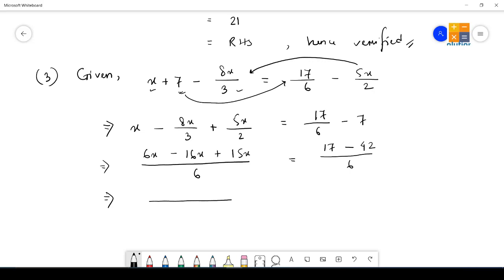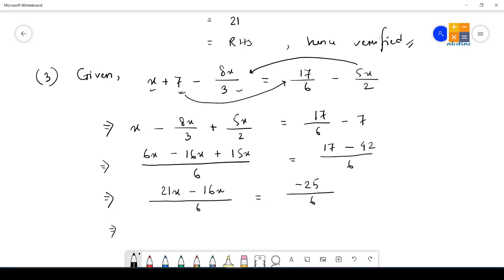Keeping the plus terms together, 6x plus 15x, the result will be 21x minus 16x divided by 6, that is equal to, on the right hand side, 17 minus 42. The operation is subtraction, and the result will carry a negative sign because the bigger number is negative here, and I get minus 25 in the numerator. The denominator is 6 again.